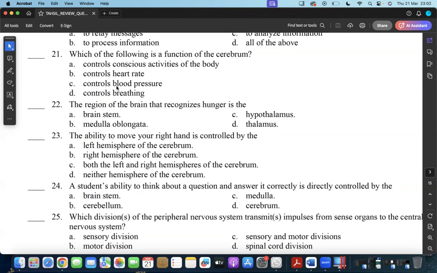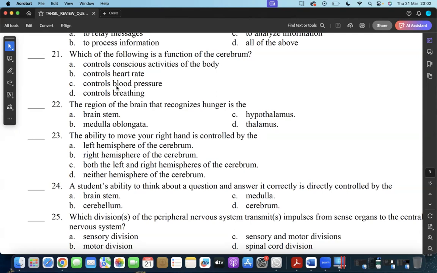Does it control the heart rate? Does it control the blood pressure? Does it control the breathing? All of these are not as correct as controlling conscious activity of the body. The conscious activity of the body is being controlled by the cerebrum. So A is most correct.